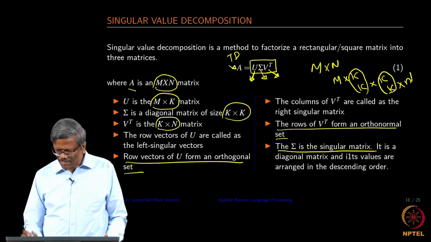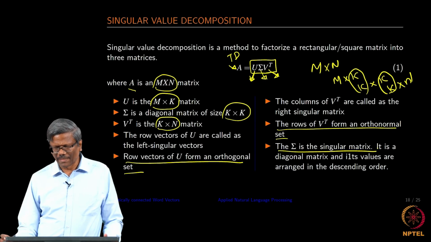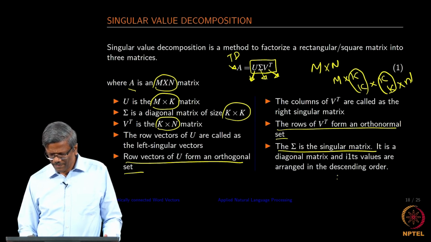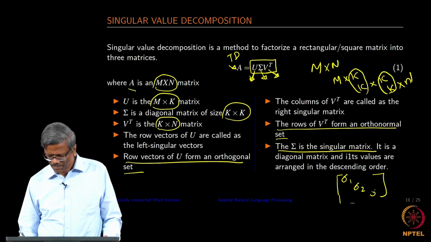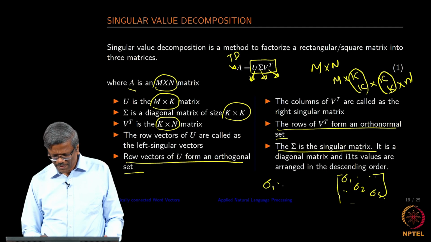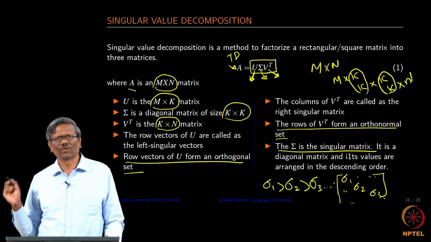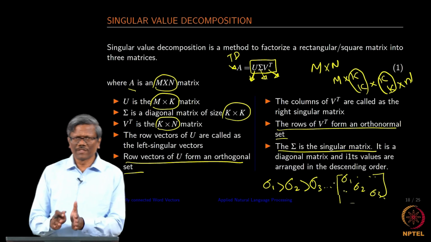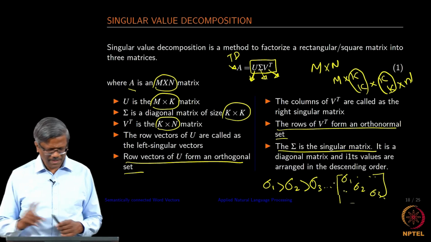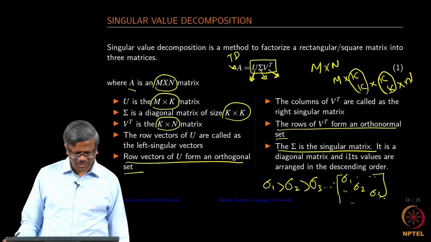Sigma is your singular matrix and it is a diagonal matrix, and if you look at the values, it will be such that sigma 1 is greater than sigma 2, greater than sigma 3, and so on. Okay, so, this is what you will see inside the structure of the matrix once the decomposition happens.